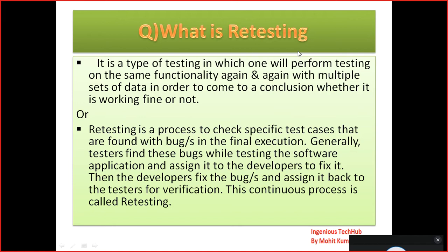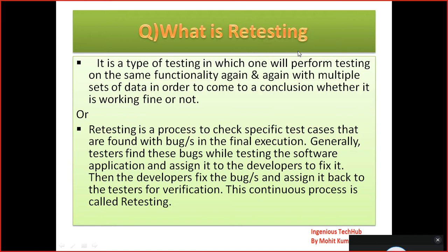Then everything is working fine. After smoke testing we have to do functional testing. Functional testing means we test everything in the application. While doing the functional testing you get a defect.